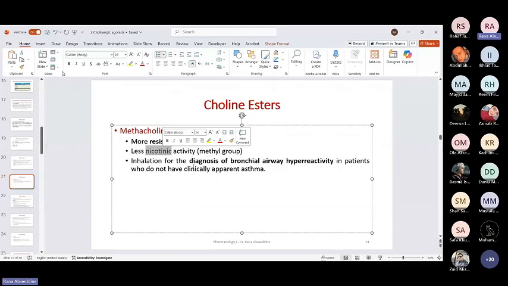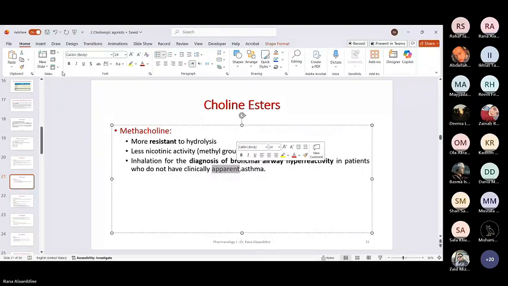Some patients have asthma that's not shown, so I give them this drug. This drug is supposed to cause bronchoconstriction. In a normal individual, the patient is not going to suffer from very bad side effects. But if the patient has asthma, the bronchi are going to be extremely blocked, and the patient will feel a very short hypersensitivity in their bronchi. Okay?